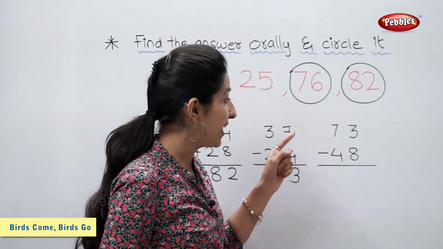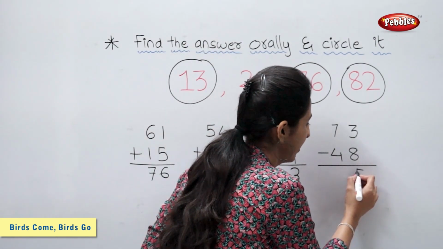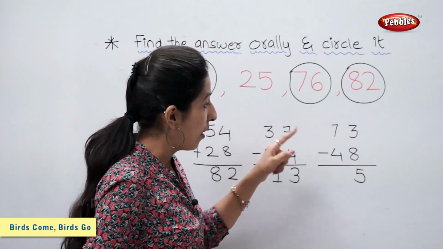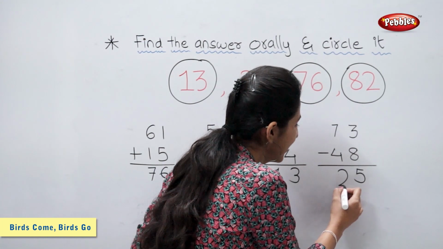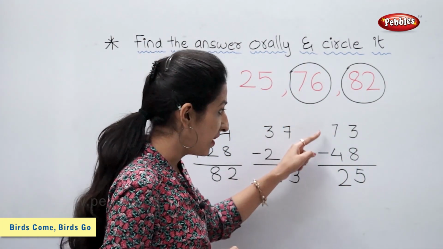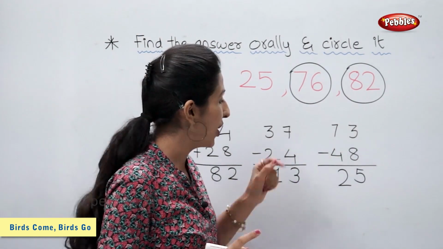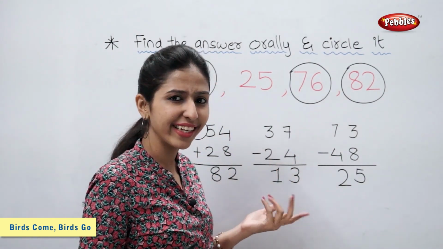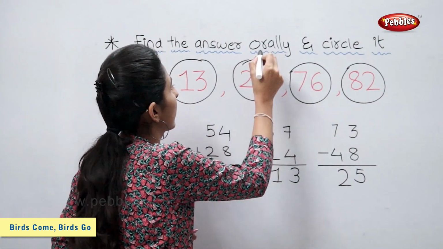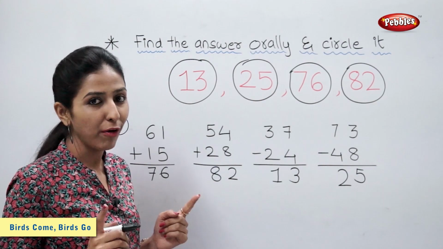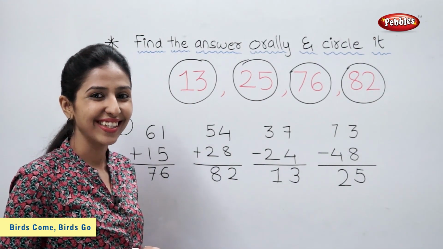Now, 13 minus 8 is 5. 6 minus 4 is 2. 73 minus 48 is equal to 25. Now let's circle 25. So students, now we have solved all these sums orally and quickly.